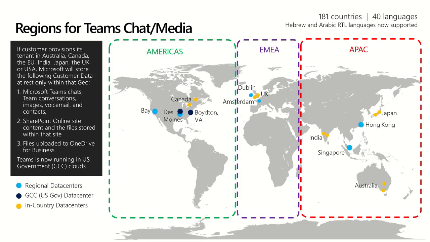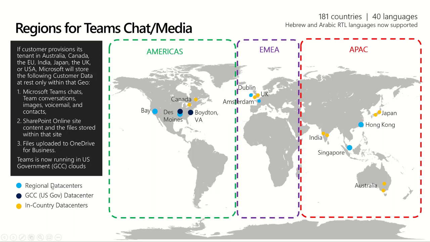You see the 3 regions of the world, the Americas and Europe, Middle East, and Africa in purple, and then APAC, Asia Pacific. And the light blue data centers are what we call our regional data centers.